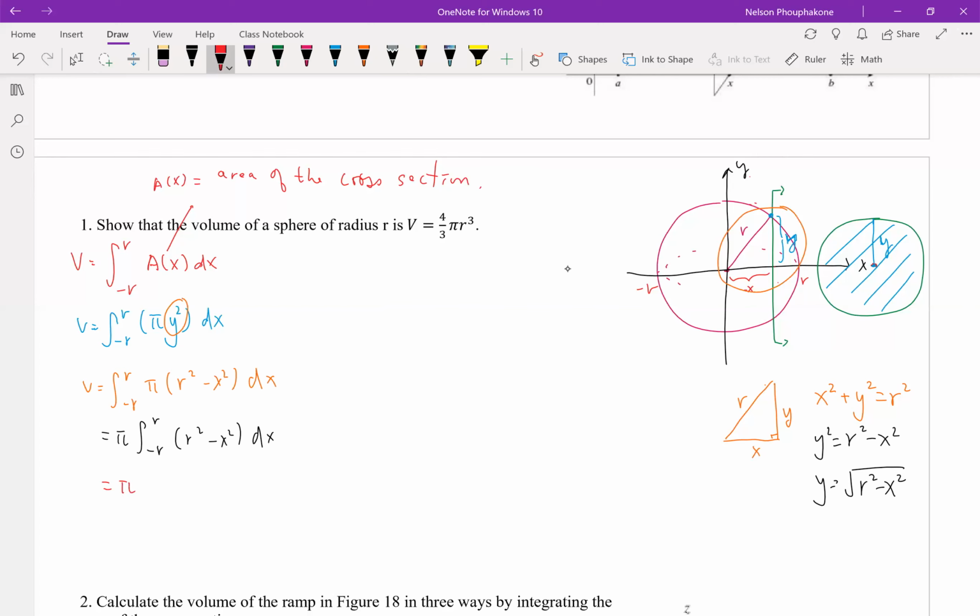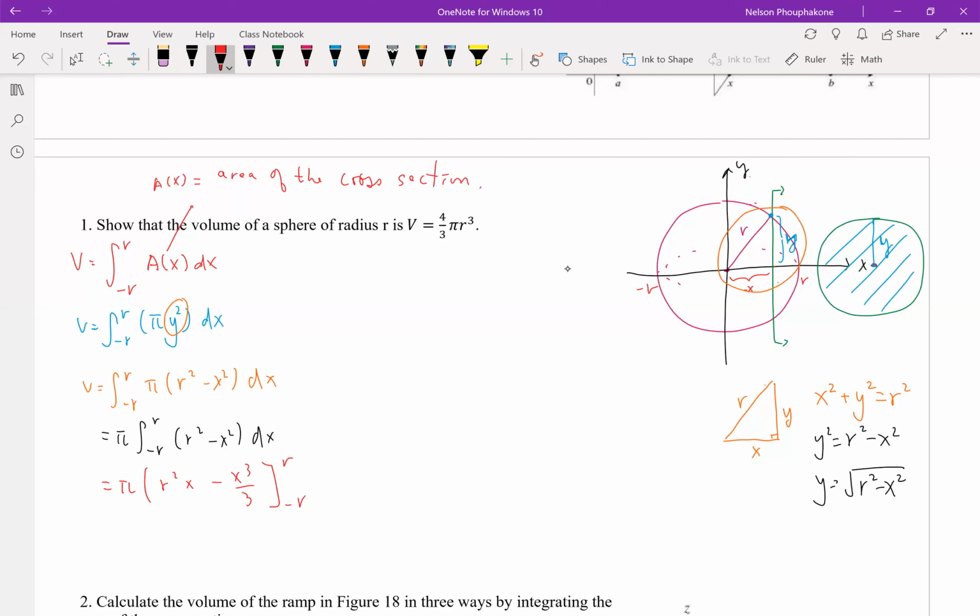So I have pi, and then I will have r to the power 3 over 3. Oh, my bad. Remember r is a constant. So I have r squared x minus x to the power 3 over 3, and then integrate between negative r and r.